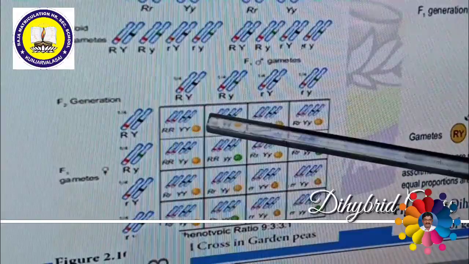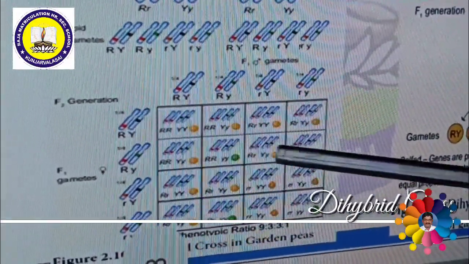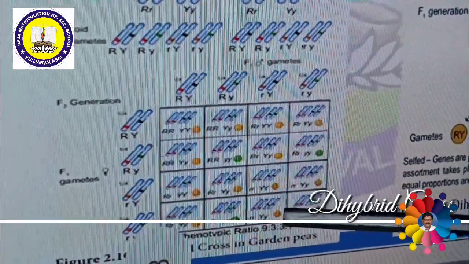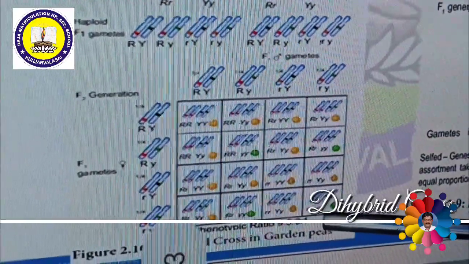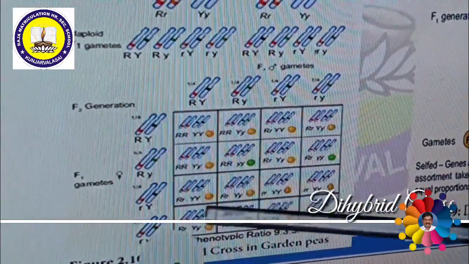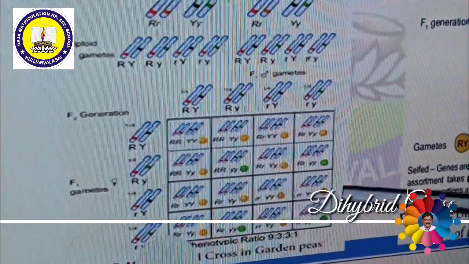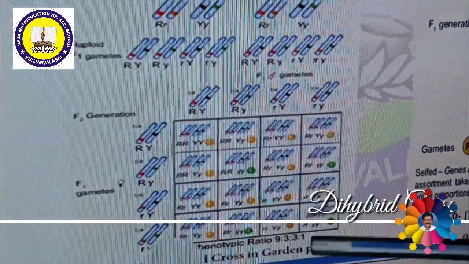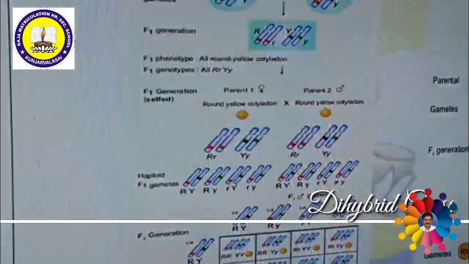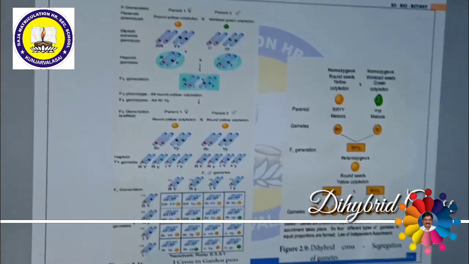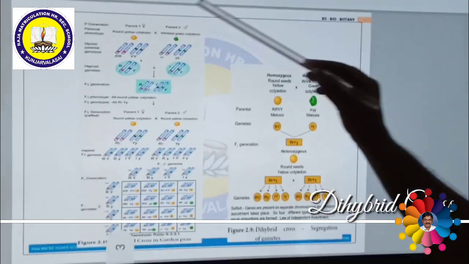That means 9 round yellow, 3 round green, 3 wrinkled yellow, 1 wrinkled green. That means 9:3:3:1. So this is the phenotypic ratio of the F2 generation. This is called a dihybrid cross. Now we are able to understand the dihybrid cross clearly.